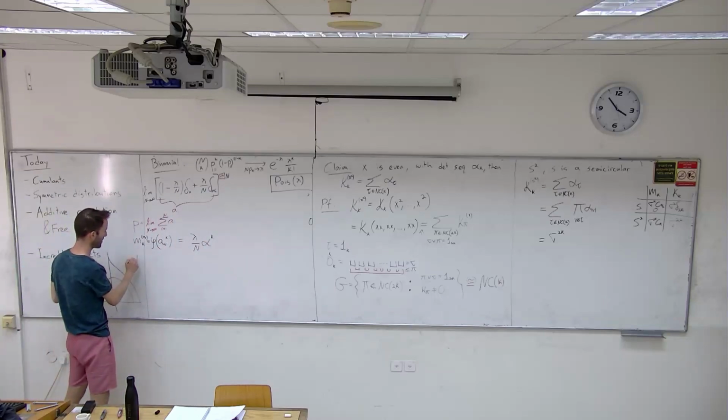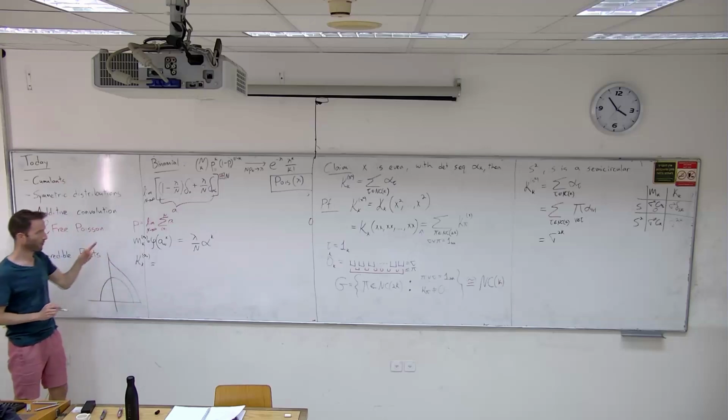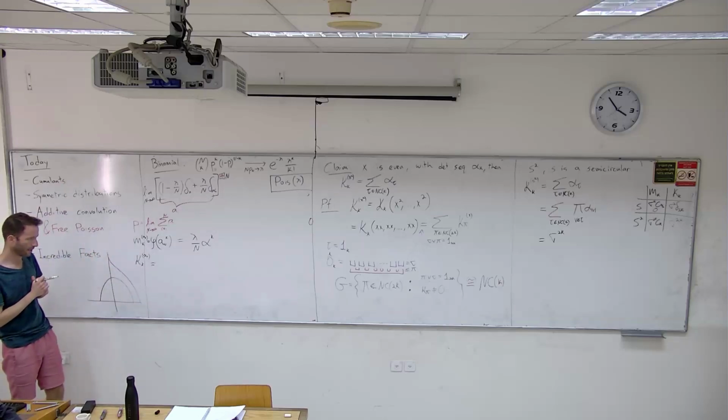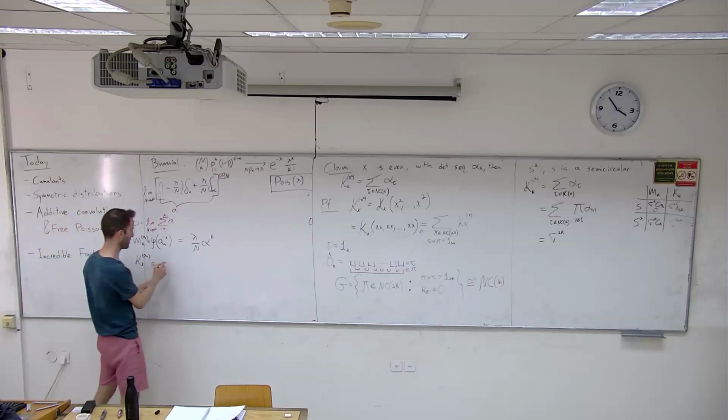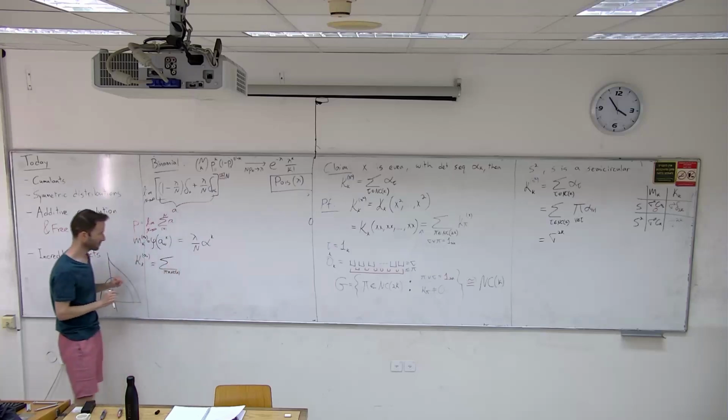And now I'm asking about the kth cumulant of the same element. And now I'm just going to use the formula. So this is the sum over non-crossing partitions of k elements of, let's write, lambda over n to the k times alpha to the k?